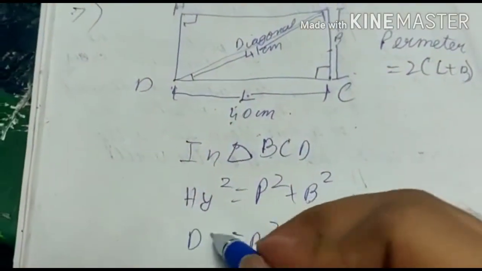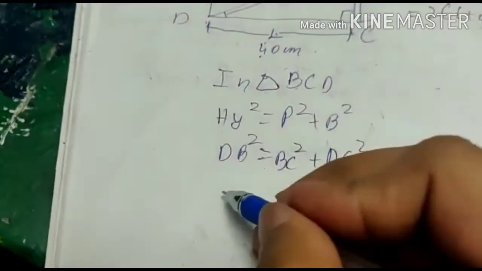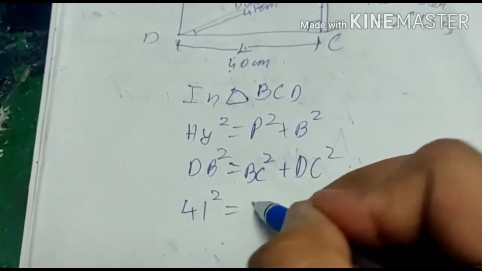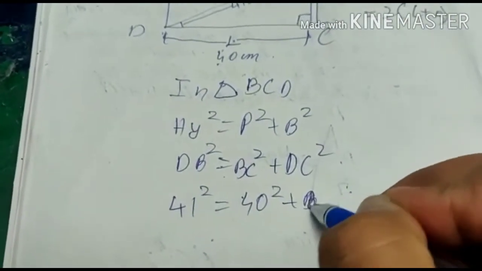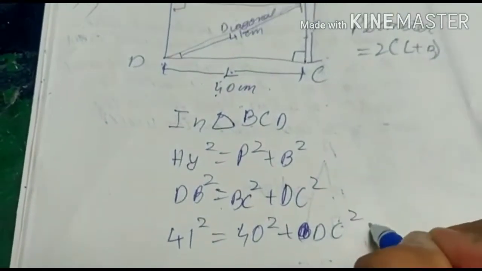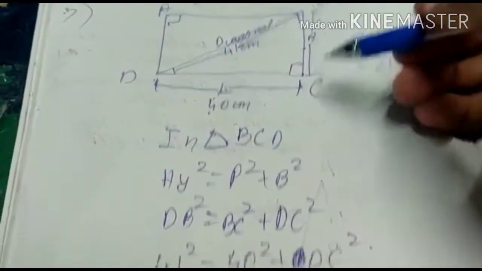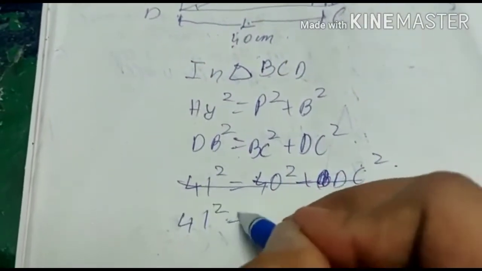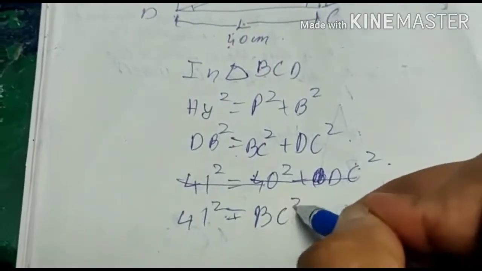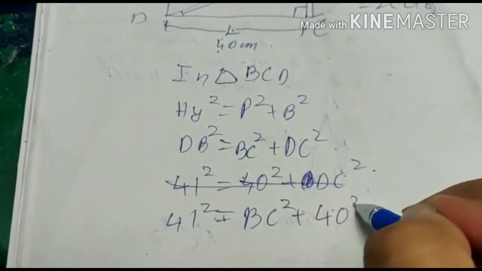So DB is 41, 41 square equals BC square plus DC square, which is 40 square. Sorry, BC is missing.